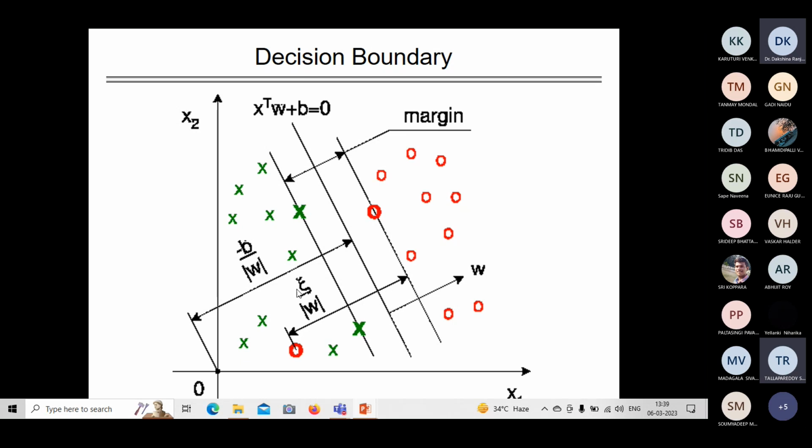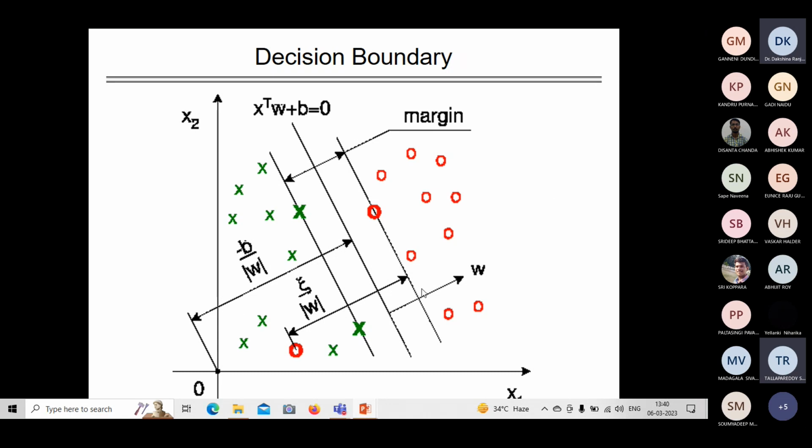So here you can see that you get one red point in the region of class C1. So this is to be misclassified. Now this will give the misclassification error, and this error will be added to the overall error, so the error increases.